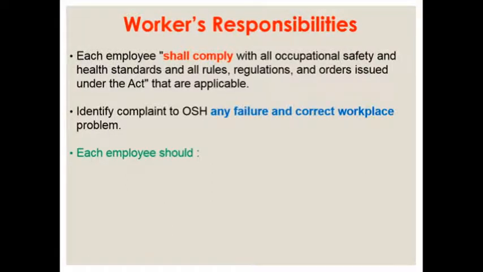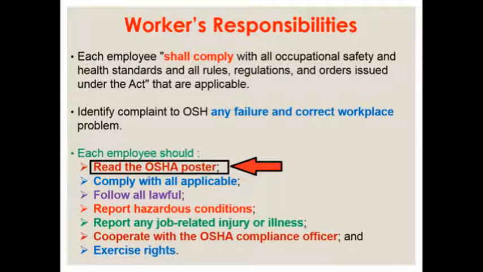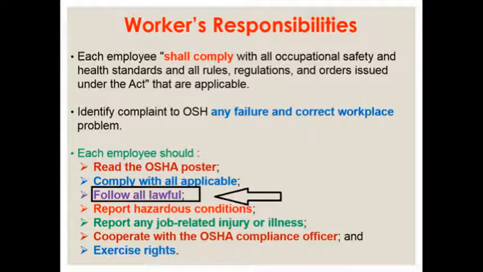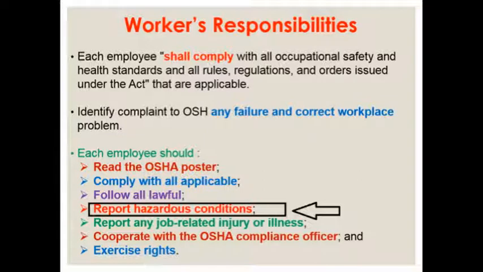Each employee should: first, read the OSHA poster at the job site. Second, comply with all applicable OSHA standards. Third, follow all lawful employer safety and health rules and regulations and wear or use prescribed PPE while working. Fourth, report hazardous condition to the supervisor.